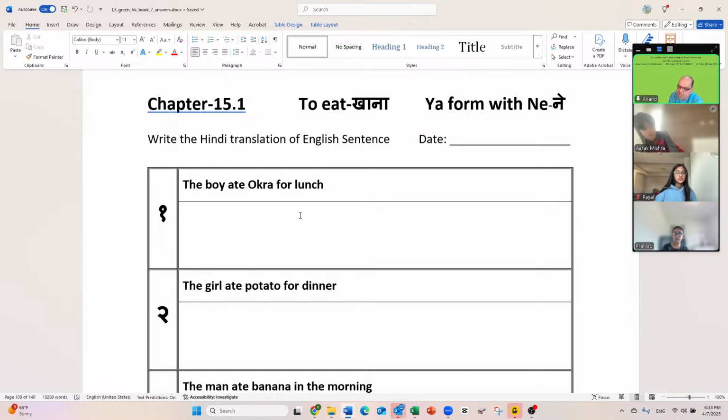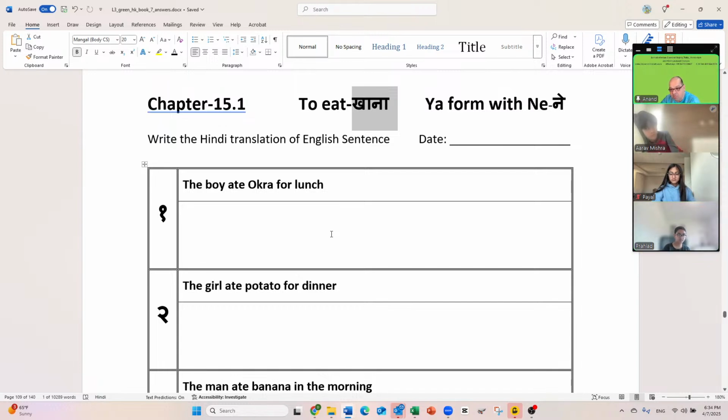Ta form, ya form, or the ge form? Ya form. So what is ya form of the verb khana? खाया. Now use khaya in this sentence and give it to me. लड़का लंच को ओकरा खाया है. Ladka lunch ko okra khaya hai.